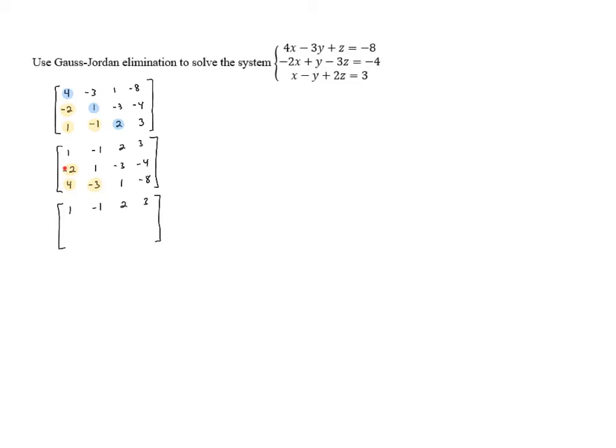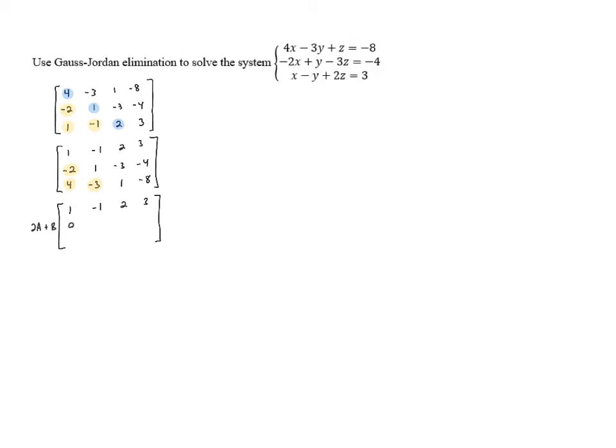And to change this -2 into a 0, one of our options is to take row A and multiply it by 2. 1 times 2 is 2, and then add row B to that. 2 plus -2 gives us 0. So that's going to be 2 times row A plus row B.